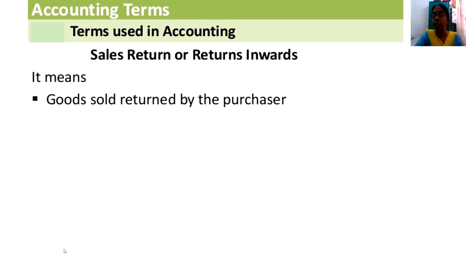Remember students, in the recording of the transactions we avoid the word goods as it is, and instead of using the word goods, we use the name of either purchase or sales, or it could be purchase returns or sales returns. That would give us more clarity and more information for our recording purposes.